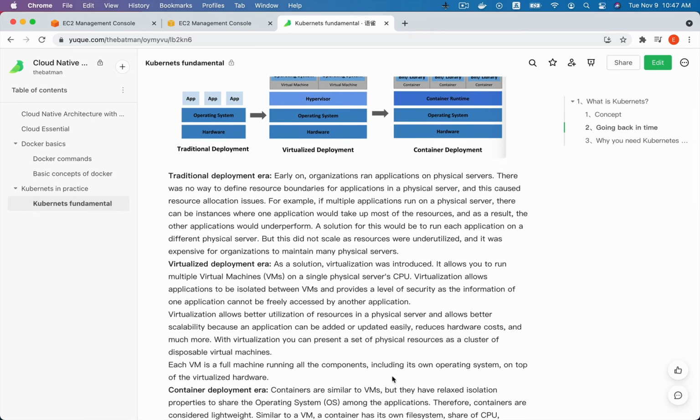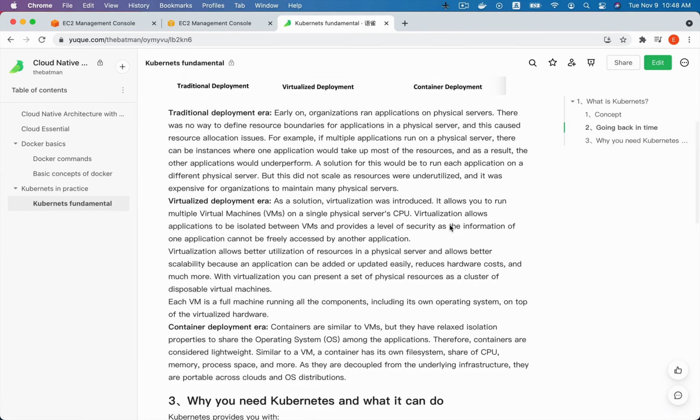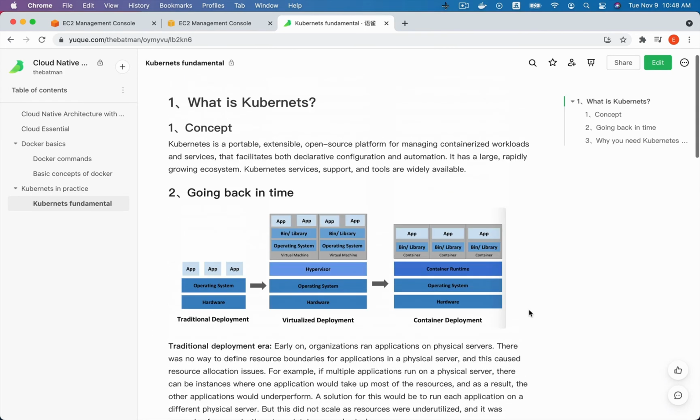Containers are similar to VMs, but they have relaxed isolation properties to share the operating system among the applications. Therefore, containers are considered lightweight. Similar to a VM, a container has its own file system, share of CPU, memory, process space, and more. But as they are decoupled from the underlying infrastructure, they are portable across clouds and OS distributions.